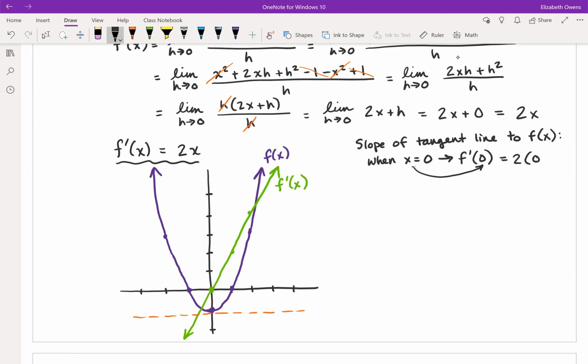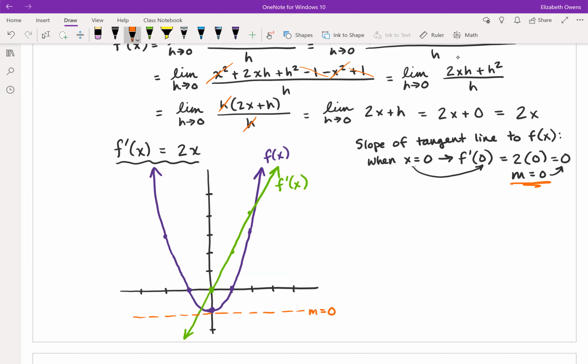That would be 2 times 0, which equals 0. So the slope of the tangent line at x equals 0 is 0. All right, m equals 0.